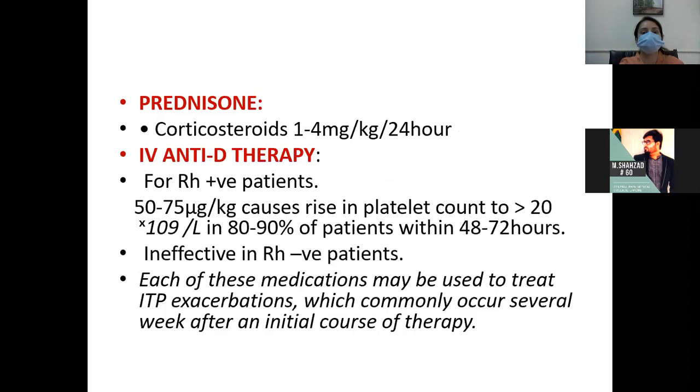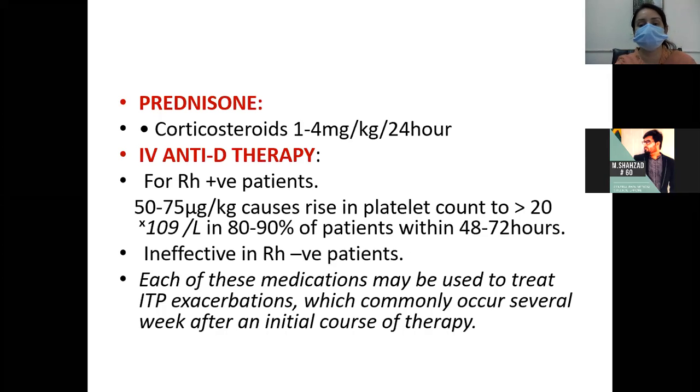The second drug we can use is prednisone. Prednisone is basically a corticosteroid, and it is given at 1 to 4 milligram per kg per 24 hours. And intravenous anti-D therapy can also be given in RH positive patients, at 50 to 75 microgram per kg.